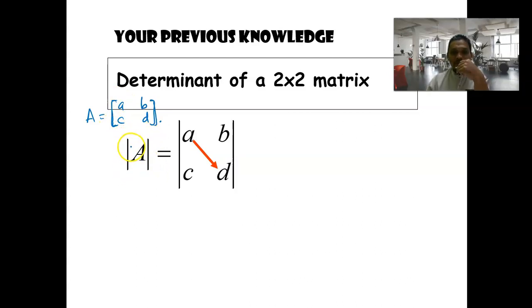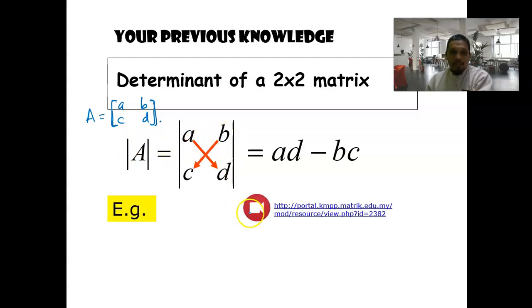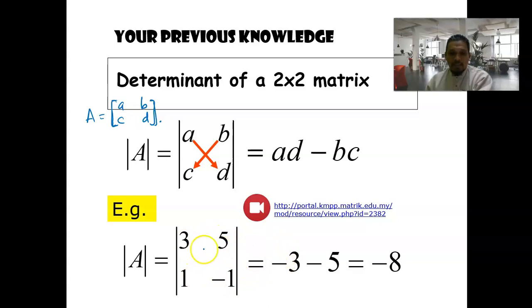This is the sign of the determinant. For example, the determinant of A for the matrix 3, 5, 1, negative 1: 3 times 1 equals 3, minus 5 times 1 equals 5, then we get negative 8.